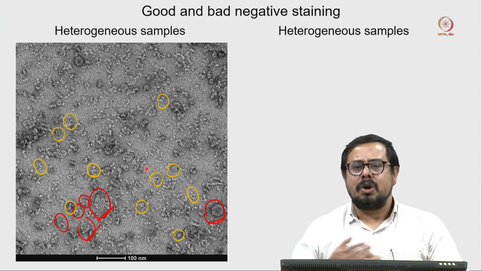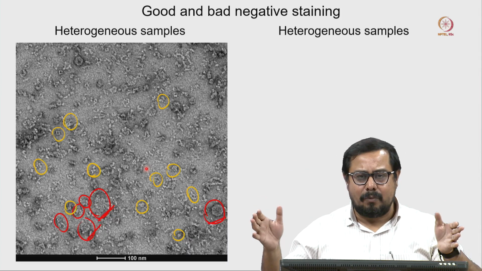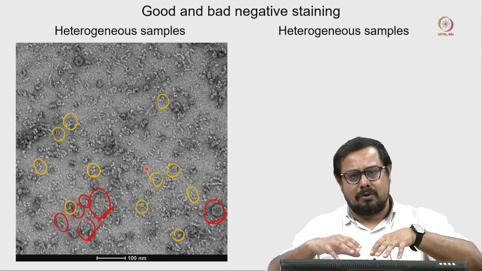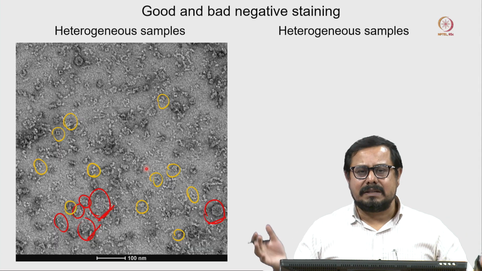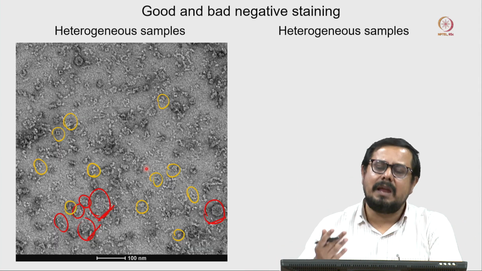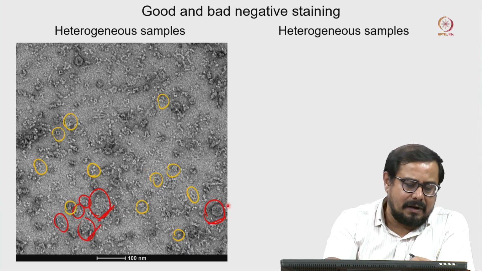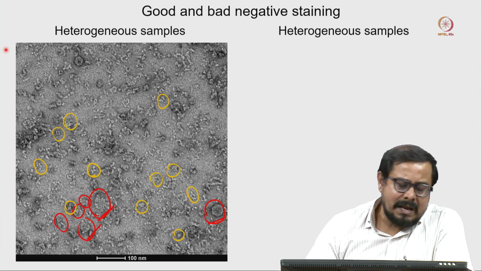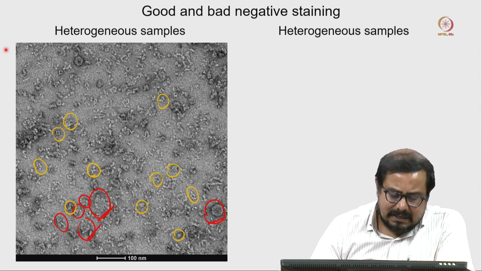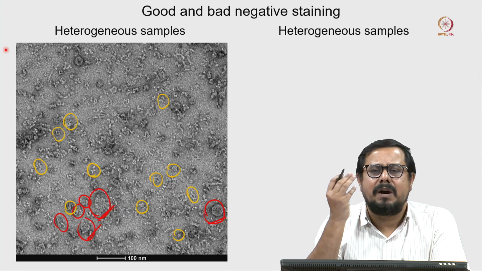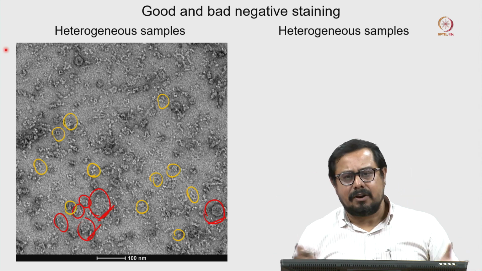So that means whatever we separated based on the molecular weight, we mix them again together and then try to image. So we will end up with this kind of sample, this kind of image, and those images will not give us any particular protein shape, whether it is a trimer or tetramer or hexamer or pentamer. It is a mixture of everything.